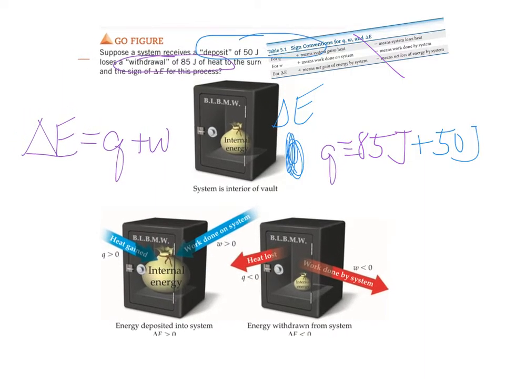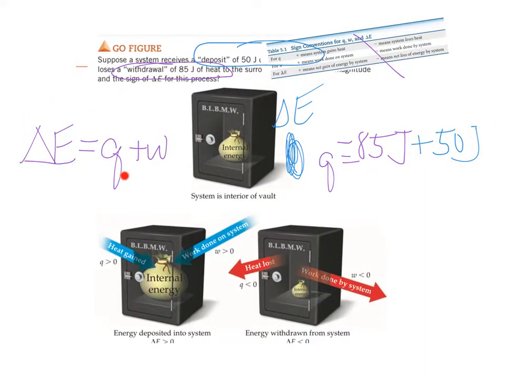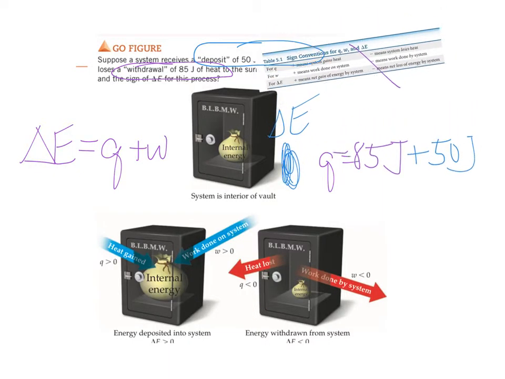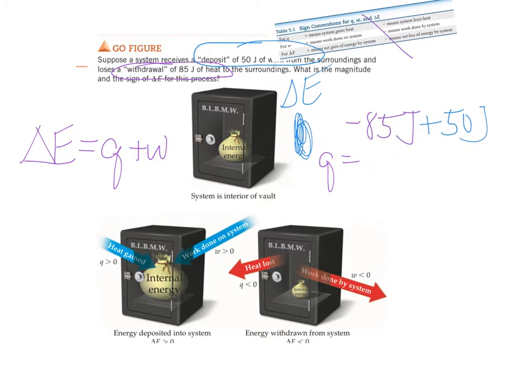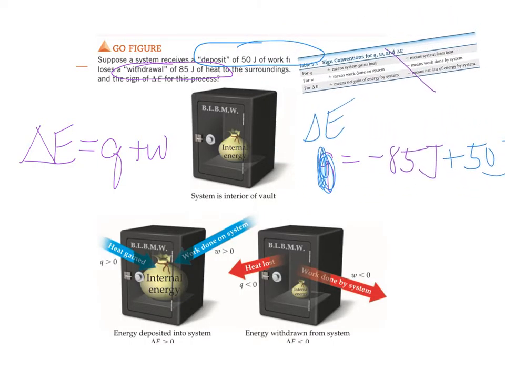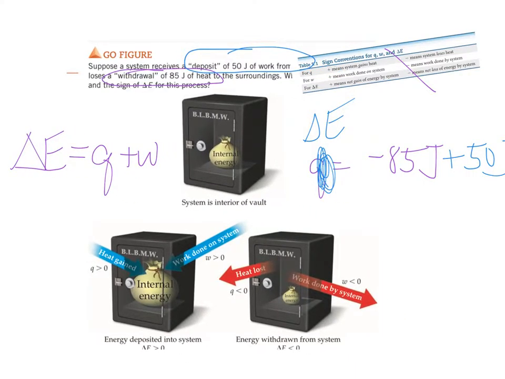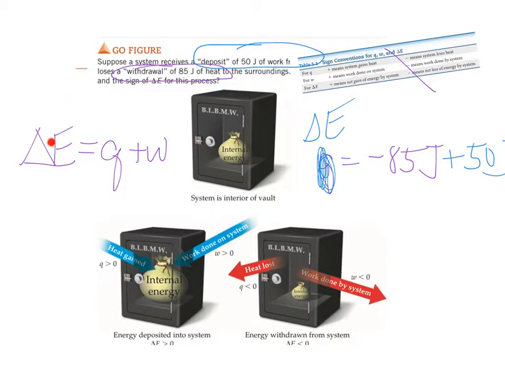I had delta E equals Q plus work, and this should have been delta E. I substituted in for Q the minus 85 joules, I put the correct sign in front, and I substituted in for work, and that was positive. We figured that out looking at the arrows and also the chart.